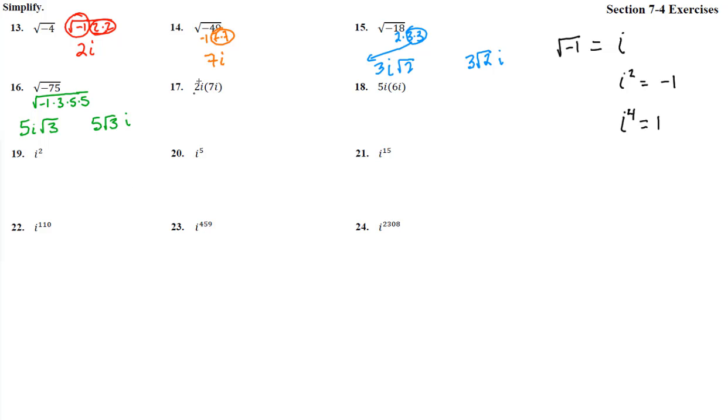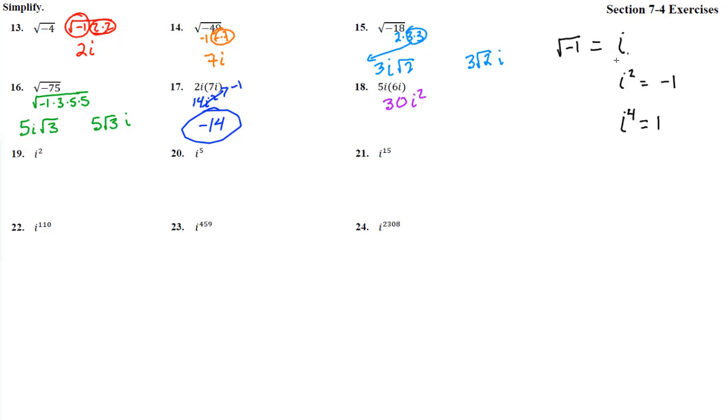We have 2i times 7i. That is 14i squared. But what is i squared? -1. So this is actually -14. I guess I should write that out. i squared is -1. So -1 times 14 is -14. Good. And number 18. 5i times 6i, that's 30i squared.